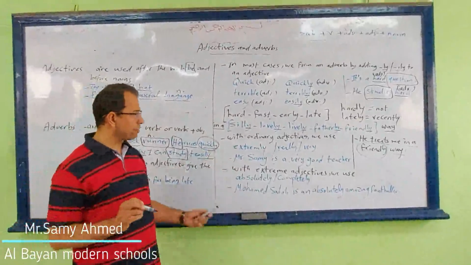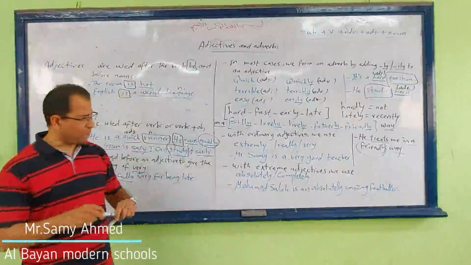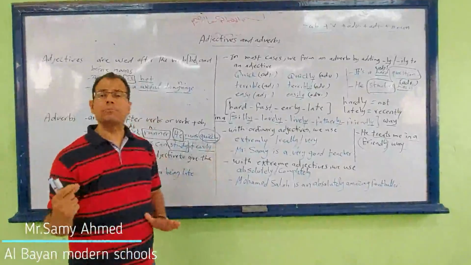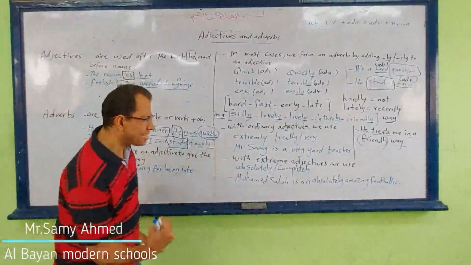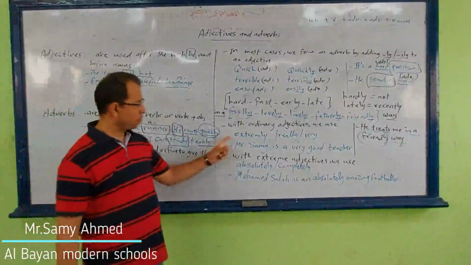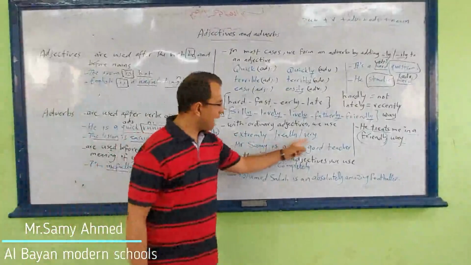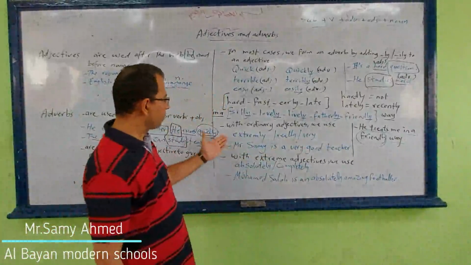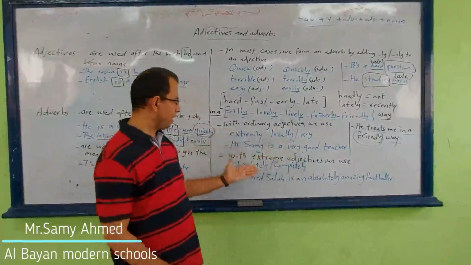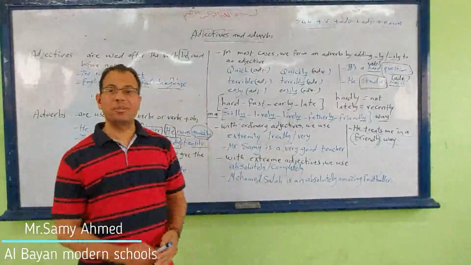The last point, sometimes we have some adverbs with strong meaning or less strong meaning, like the words extremely, really, and very. How can we use them? We use them with the ordinary adjectives, like Mr. Sami is a very good teacher.